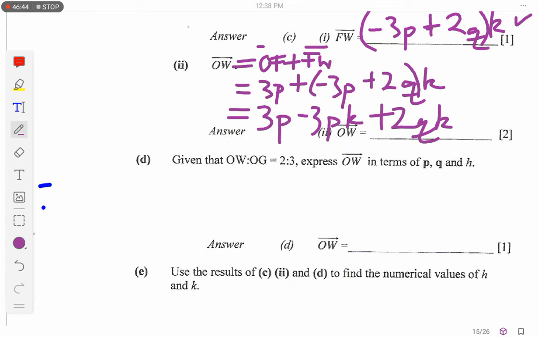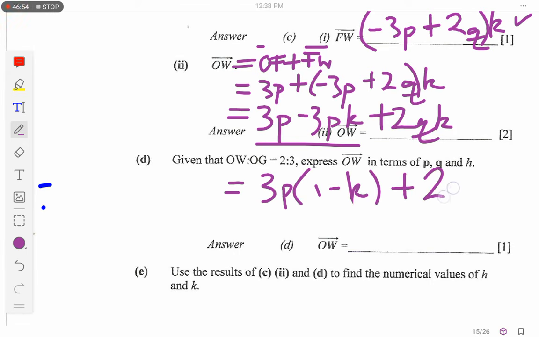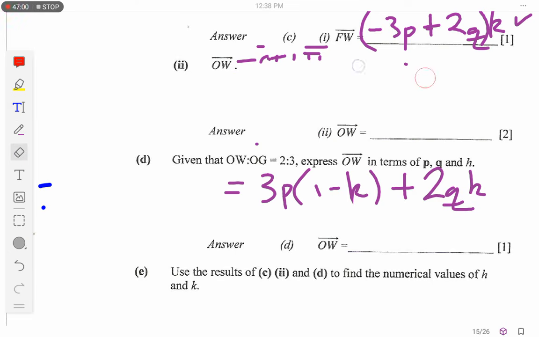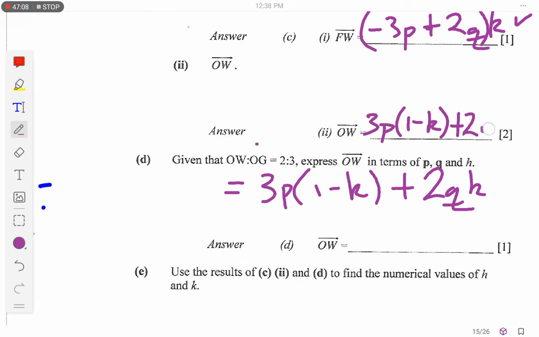P is our vector, so we can simply write 3P(1 minus K) plus 2QK. Let me rewrite it so that we will use it later on. So our answer is 3P(1 minus K) plus 2QK.